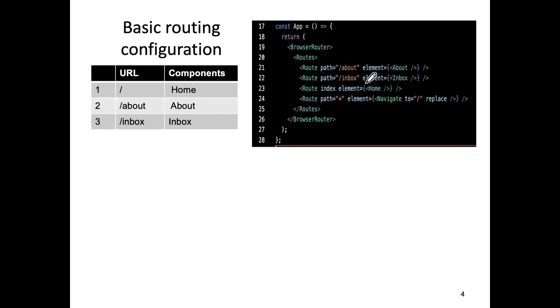This is a slightly different case, the way it deals with this. When the browser's URL address is none of the above, then technically the navigate component is mounted onto the DOM, but it doesn't display anything on the screen. What it does is, as I said, it changes the browser's URL address to something else again. In my case, this. And of course, now if the browser's URL address changes to just /, then that triggers an event in the browser.